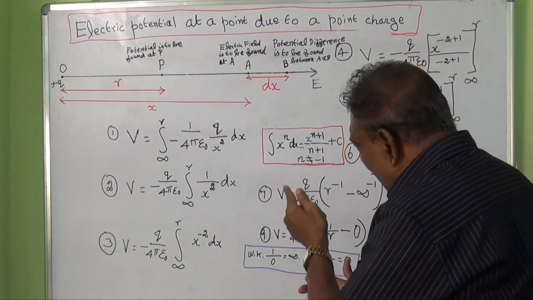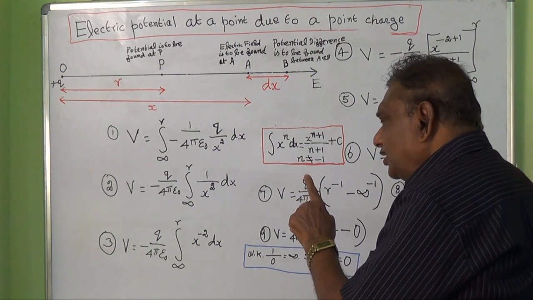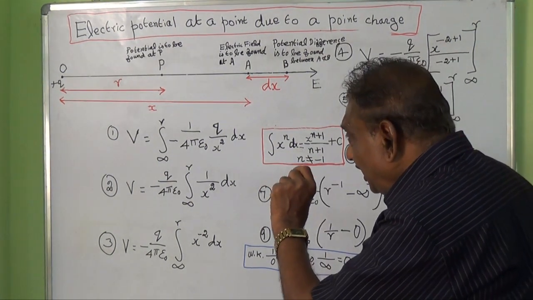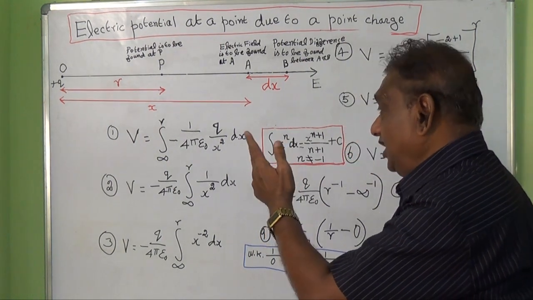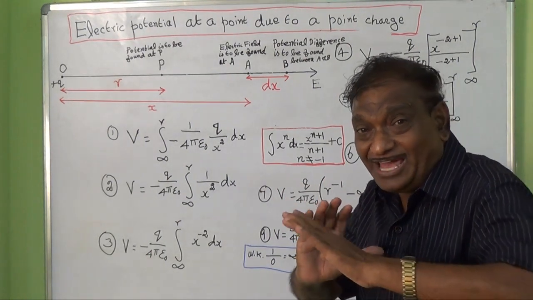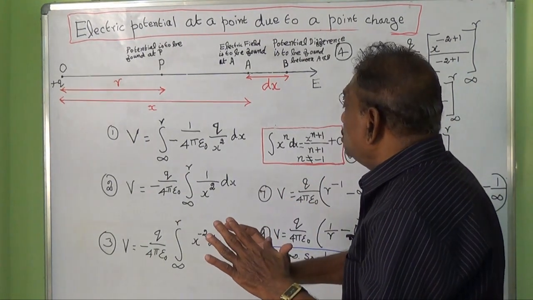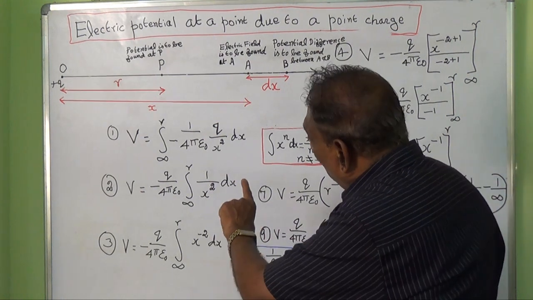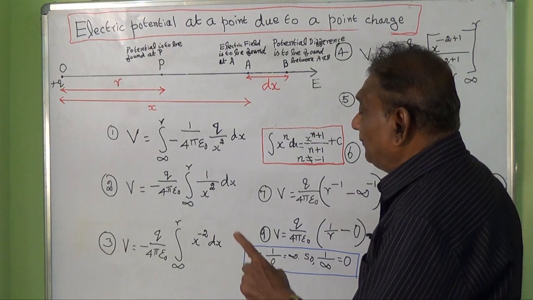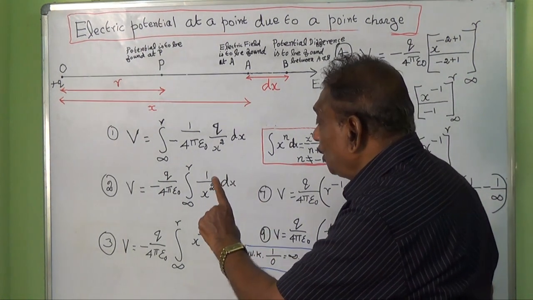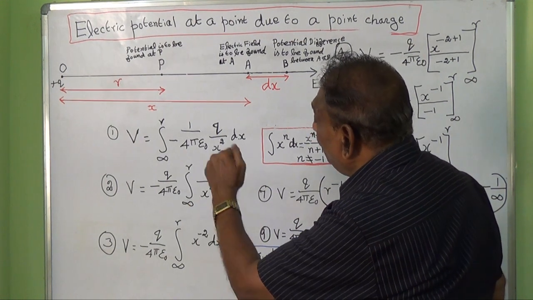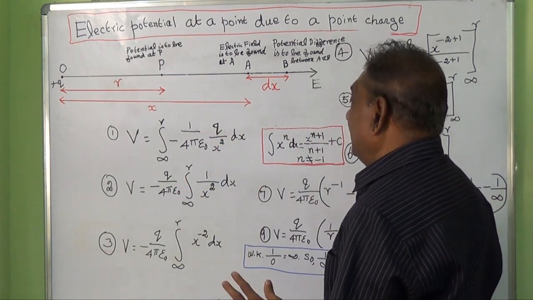In the next step, I am going to say an important thing. We have to integrate only the variable. So all other data other than variable should be taken before the integration sign, so that minus q by 4 pi epsilon naught has been taken before the integration sign.